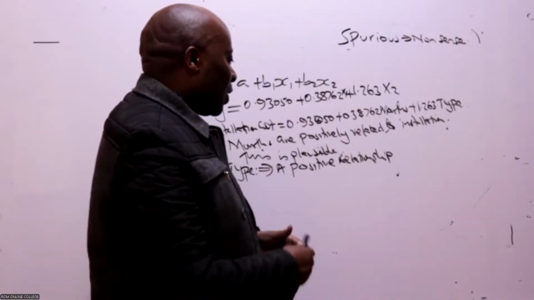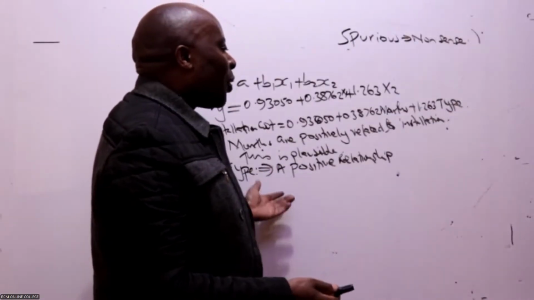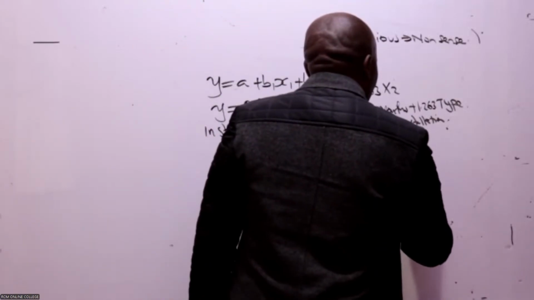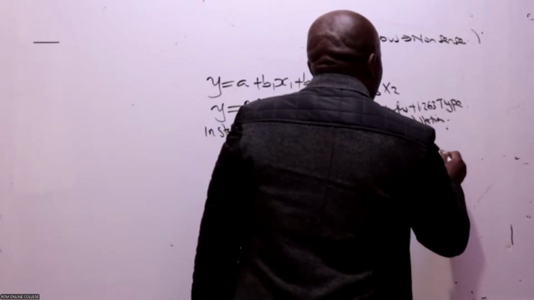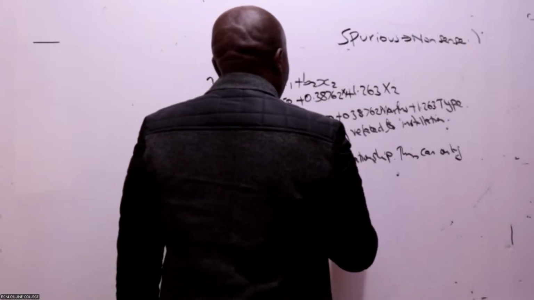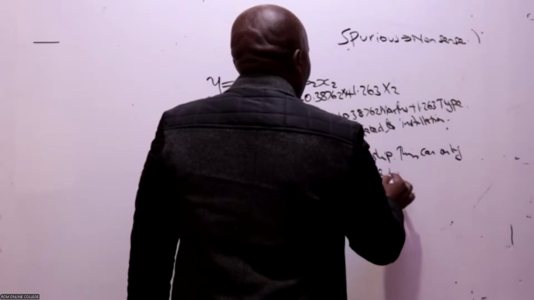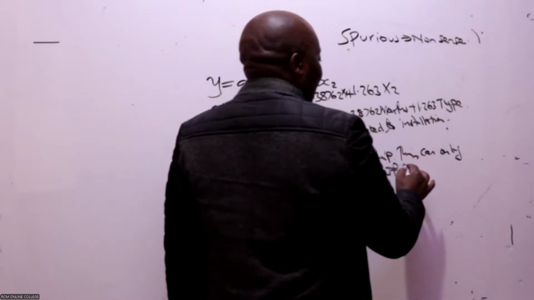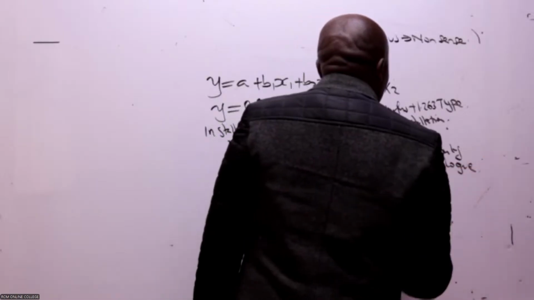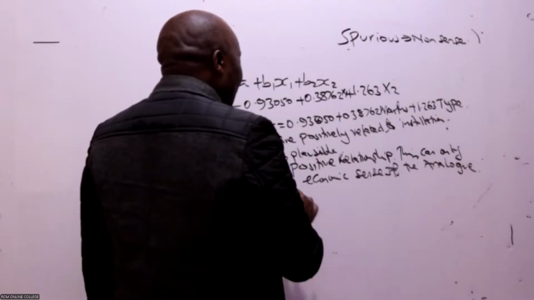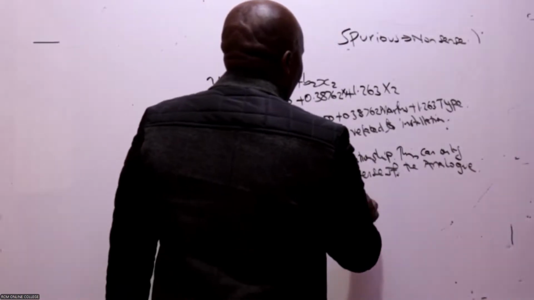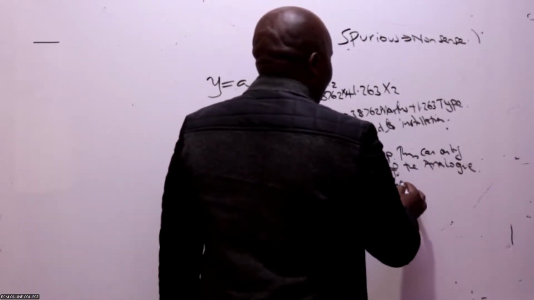And if it's a positive relationship, according to me, this can only make economic sense if the analog type was encountered during sampling.